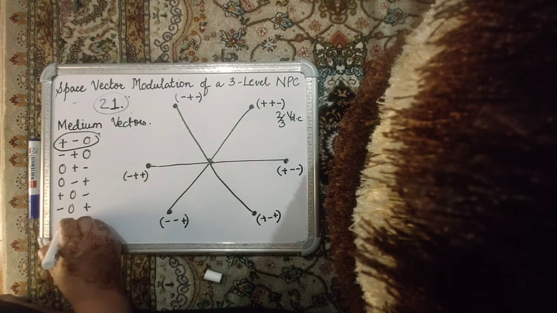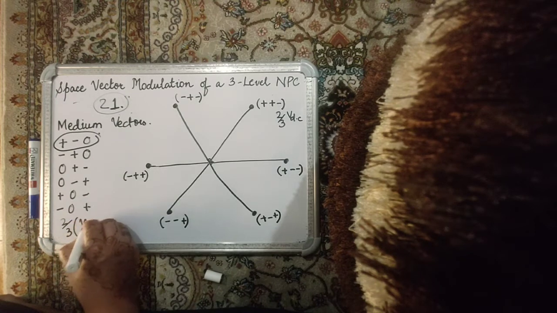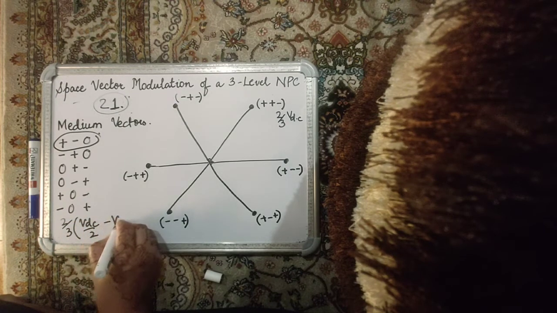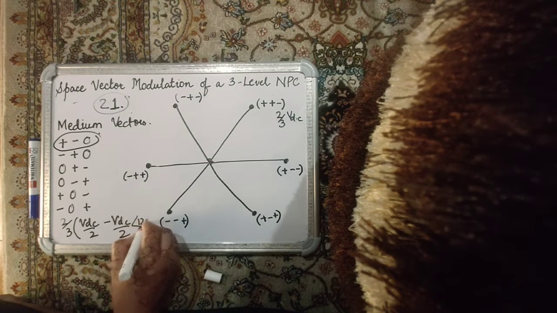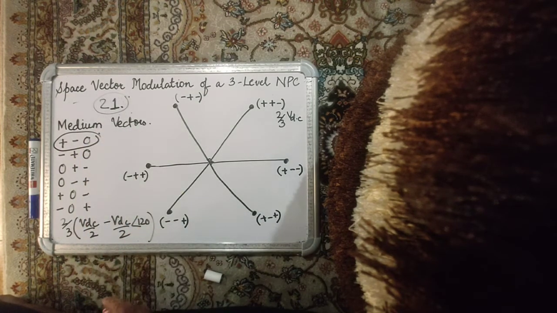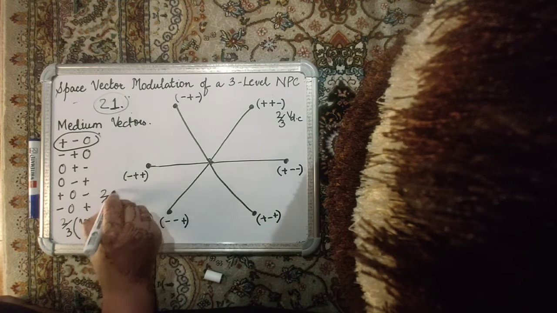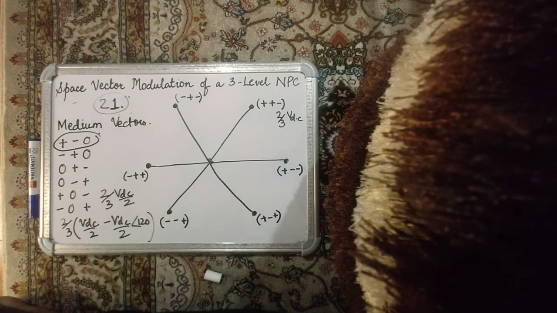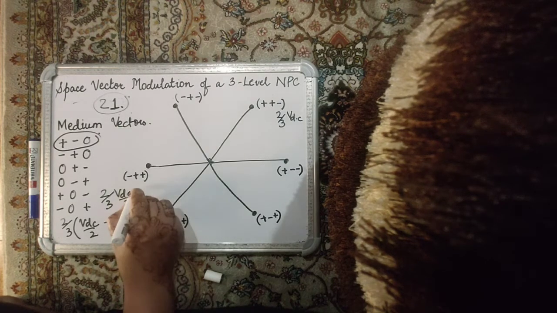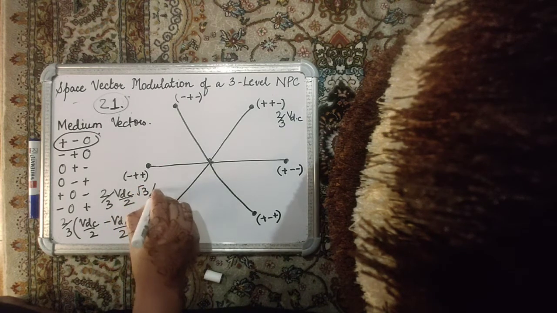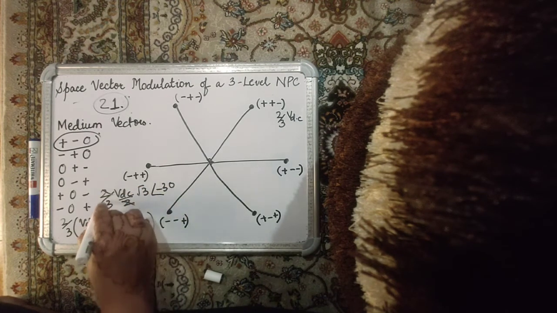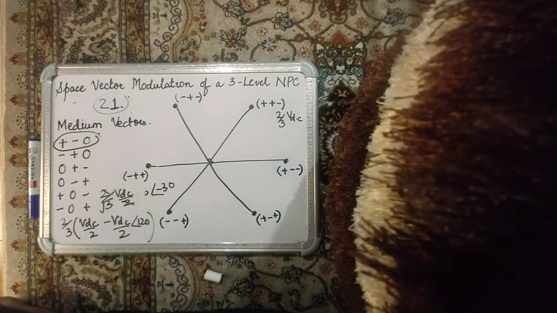The space vector will be 2 by 3 times VDC by 2 minus VDC by 2 at an angle of 120 degrees, and the third is simply 0, so you don't need to add it. If we solve for this one, we will get the space vector being equal to 2 by 3 into VDC by 2 into 1 minus 1 at an angle of 120, that is root 3 at an angle of minus 30. So this becomes VDC by root 3 at an angle of minus 30.